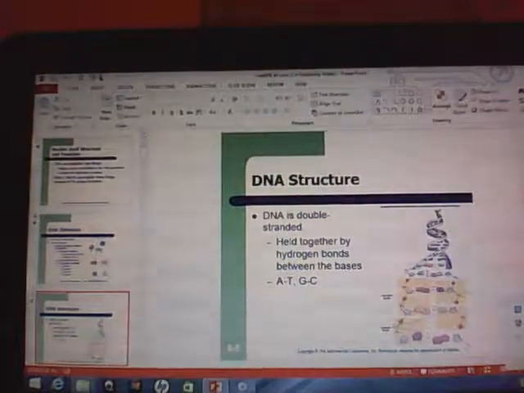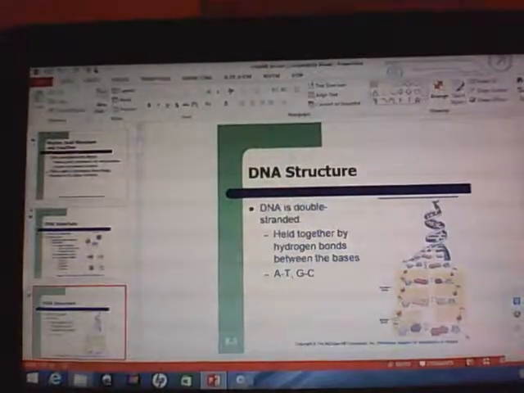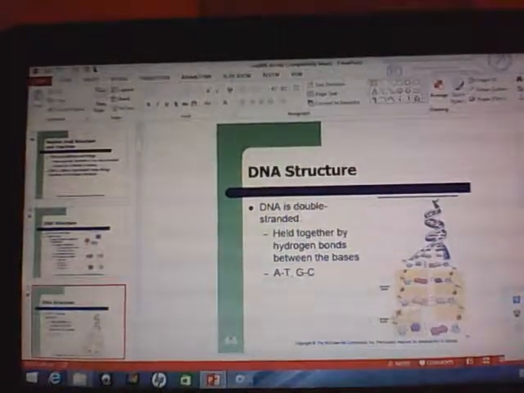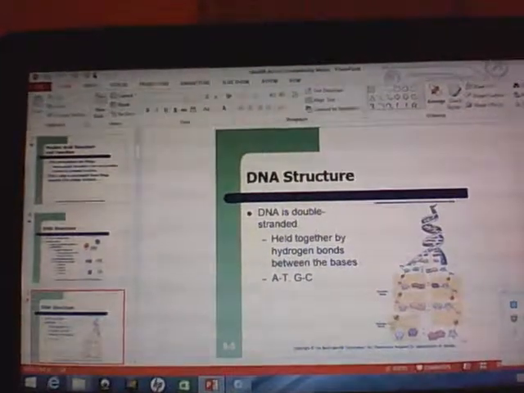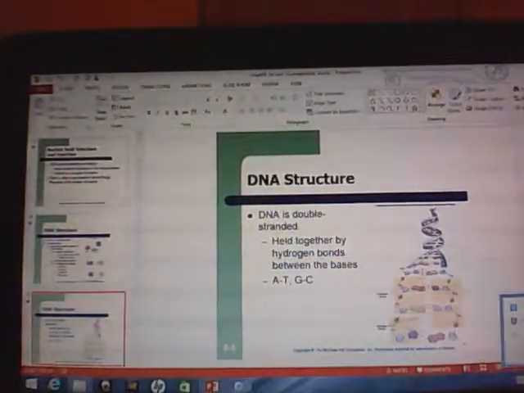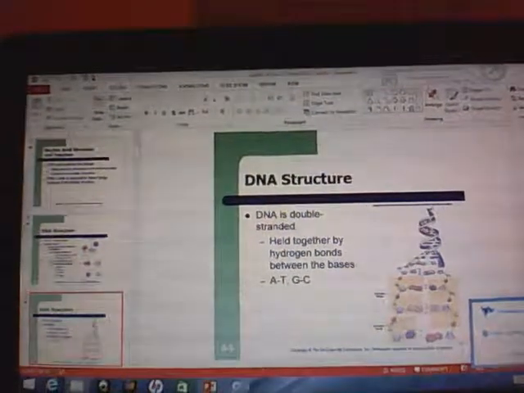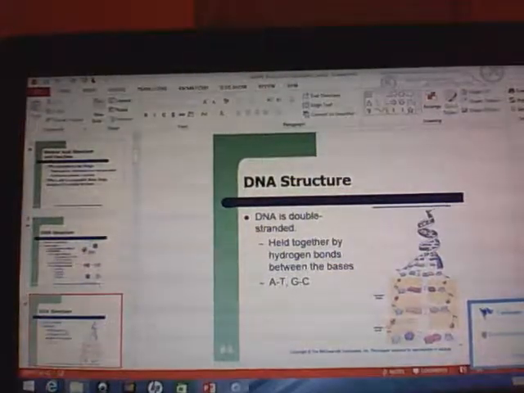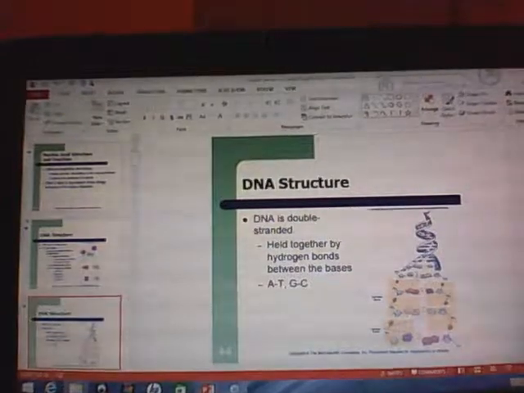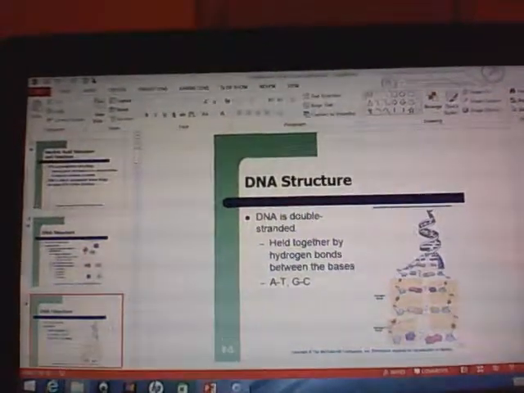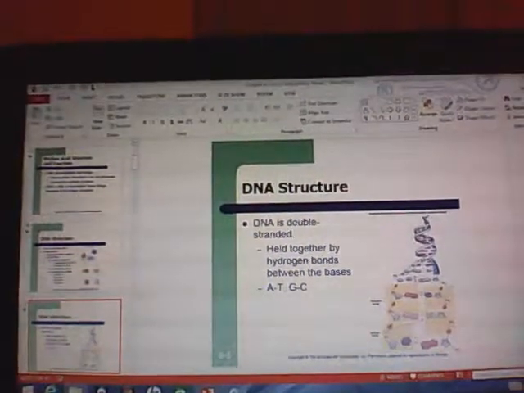It's double-stranded, and then it has hydrogen bonds between the bases, and the bases always pair up A to T and G to C. One of the most important things that you could ever in your life remember is that it always base pairs, and A pairs with T and G pairs with C. If you do not know that, then you are quite frankly missing out on the whole thing. And again, knowing that hydrogen bonds are between the bases.